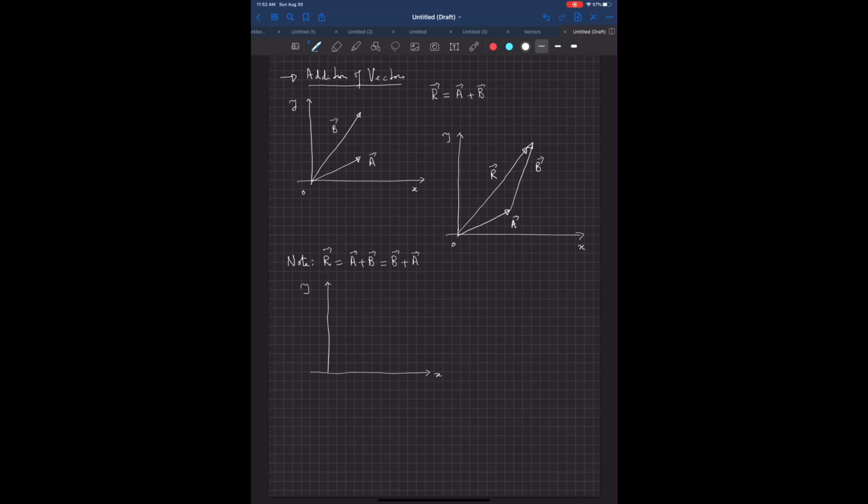So first let's draw B. Here's B. And now I'm going to take the tail of A and put it at the head of B. That's my A. And the resultant of the two is the vector going from the tail of B to the head of A. And you can see that this is the same vector R as in the second figure above.